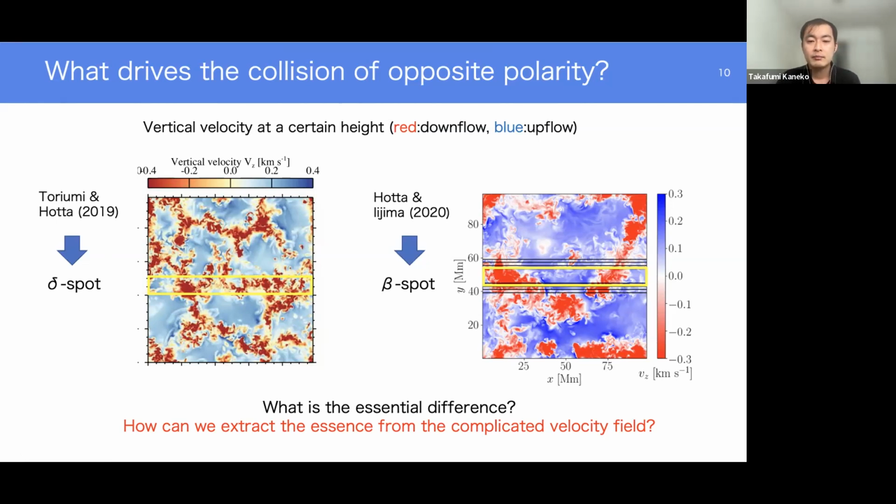From just looking at that, we can't know what the essential difference is. Basically the flow distribution is just complicated, and we don't know what is the essential thing that determines the magnetic distribution in the photosphere. So we would like to solve this problem with a new approach.